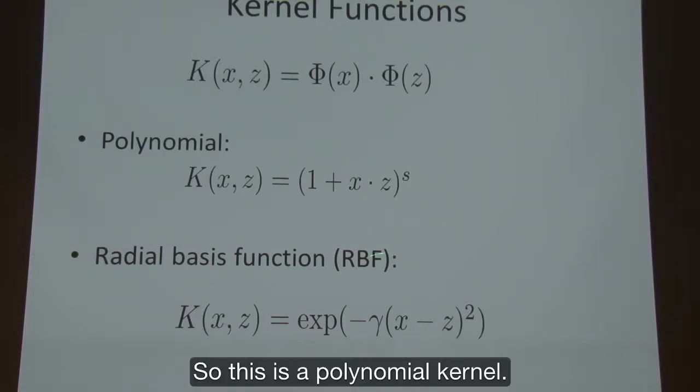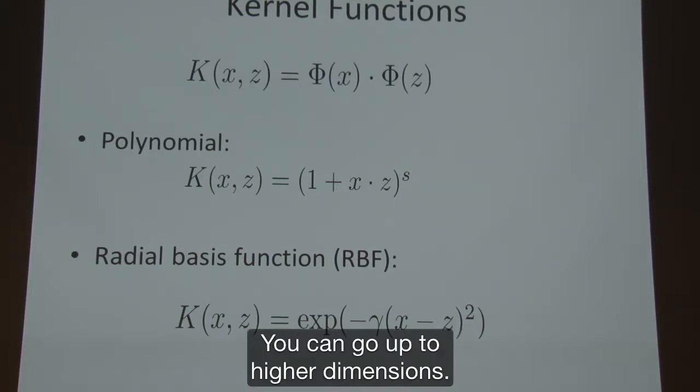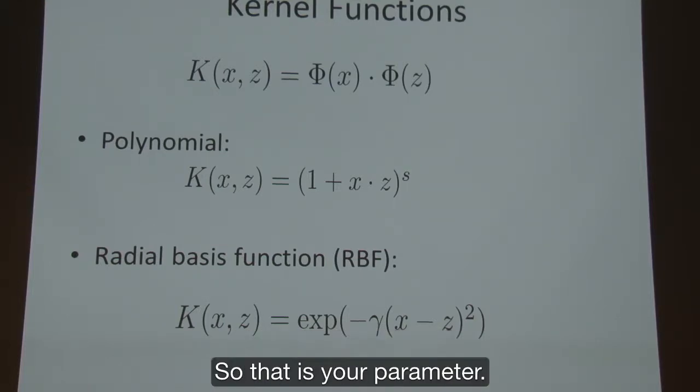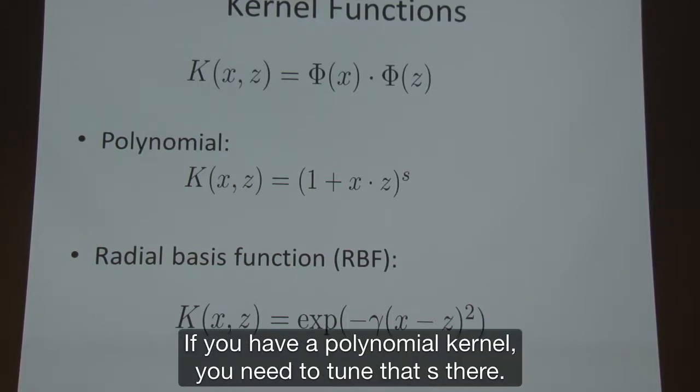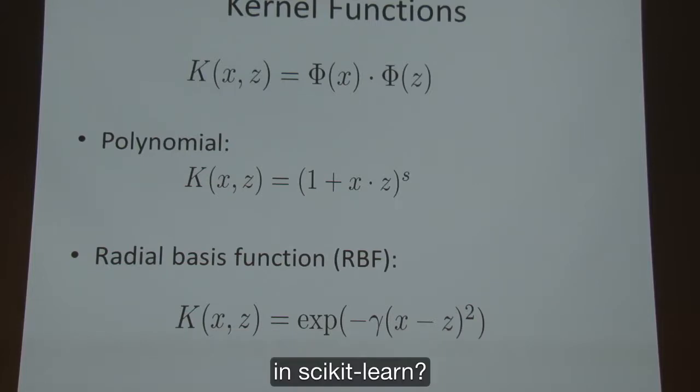So this is a polynomial kernel, and that doesn't only hold for s equals 2, you can go up to higher dimensions. So that is your parameter. If you have a polynomial kernel, you need to tune that s there. I'm actually not sure, is that called s or d for degree in scikit-learn?